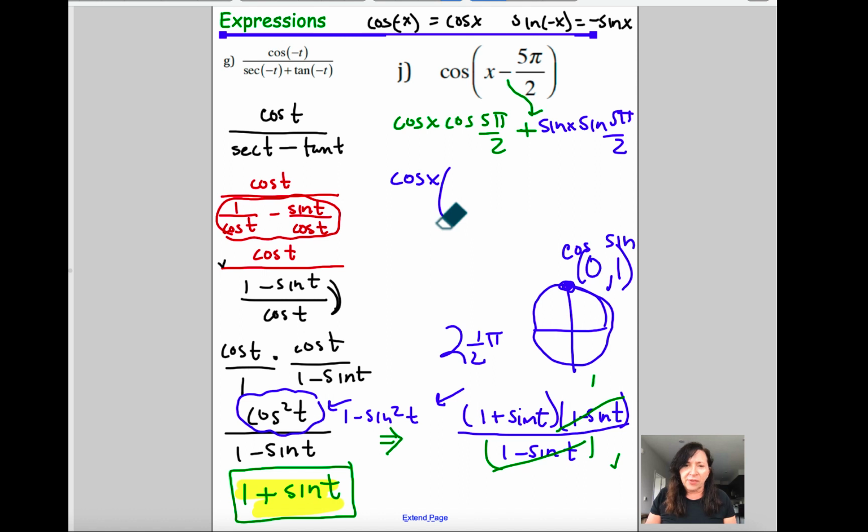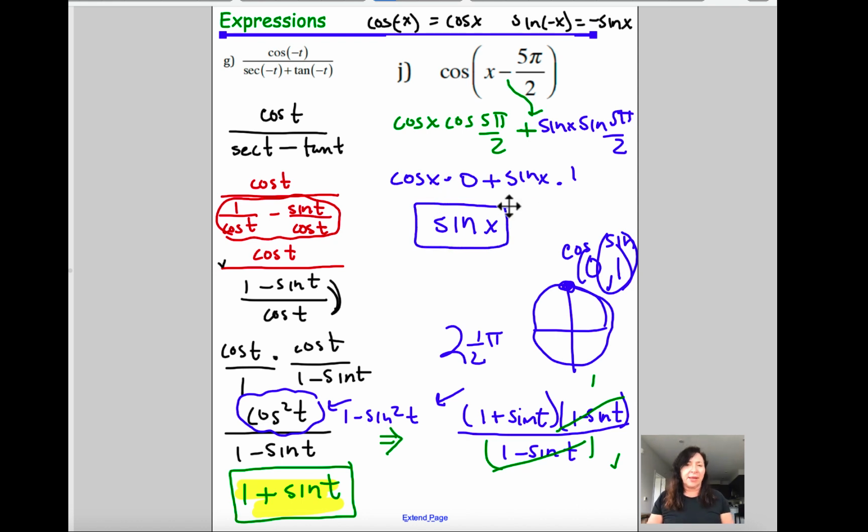And so what this is actually saying is 0 times that value plus sine of x times sine of 5 pi over 2. 5 pi over 2, sine would be 1. So this is times 1. 0 times anything is 0, so that's gone. So now I'm just left with sine of x times 1, which is sine of x. And therefore, that's my final answer.